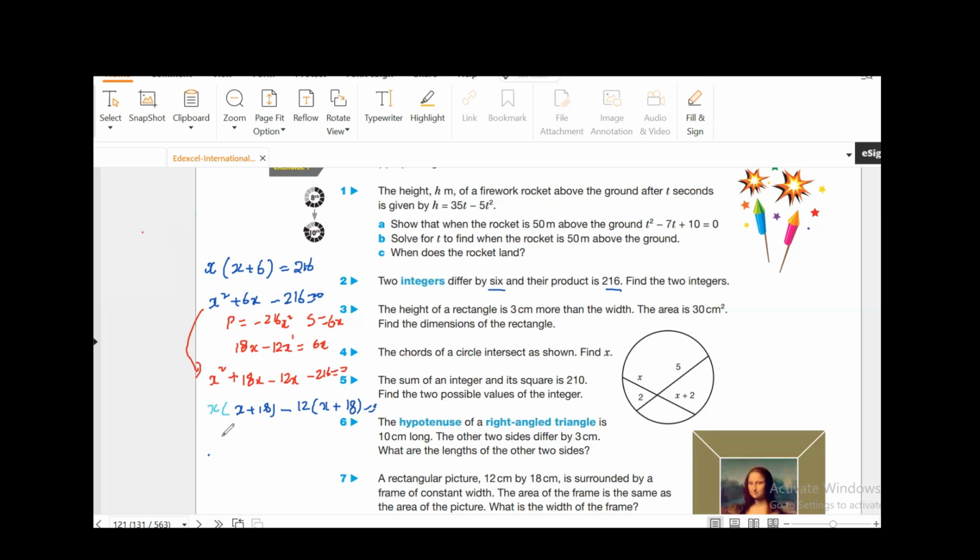It means we have two answers: x is equal to negative 18 and x is equal to 12. When x is 12, x plus 6 would be 18. Integers can be negative, so we can find another answer also. When x is negative 18, x plus 6 gives minus 12. So these are the answers of question number 2.